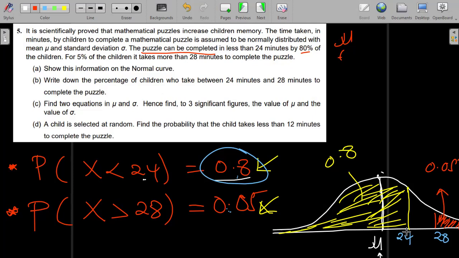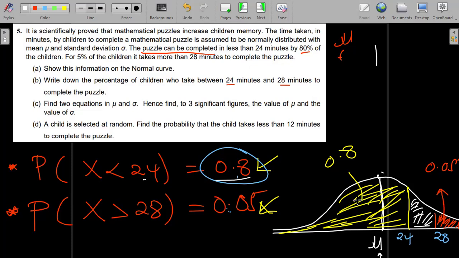Okay, and then from that, they're saying write down the percentage of children who take between 24 and 28 minutes to complete the puzzle. So between 24 and 28, it's just this part here that I've put in white. Remember the total area is 1.